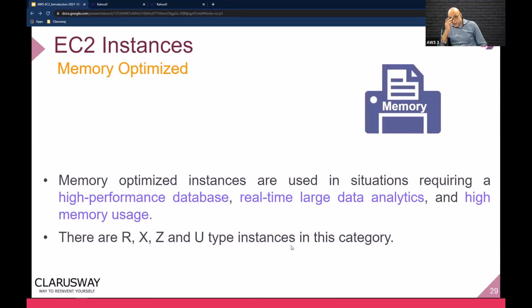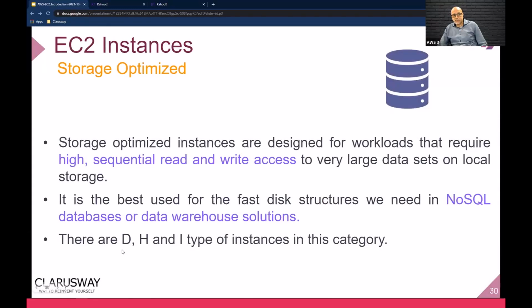Then you've got memory optimized. Again, memory, think of it as R, RAM, R type. That's when you've got a lot of memory being used: in-memory databases, any sort of high memory requirements, you're going to use memory optimized. And then storage optimized.